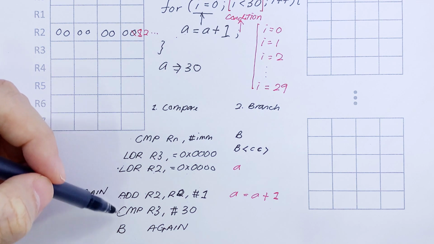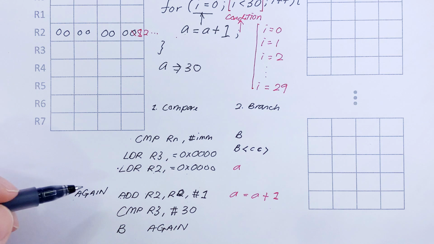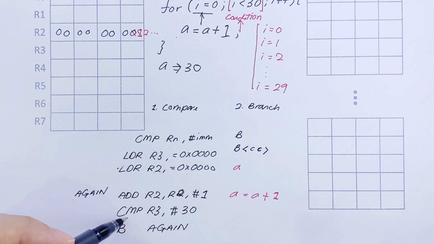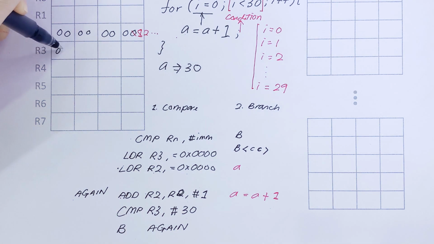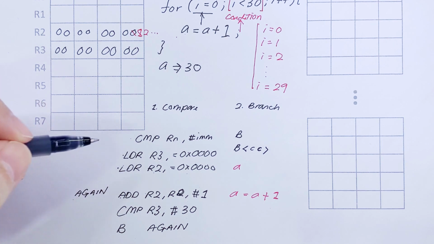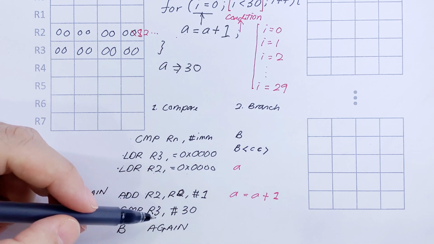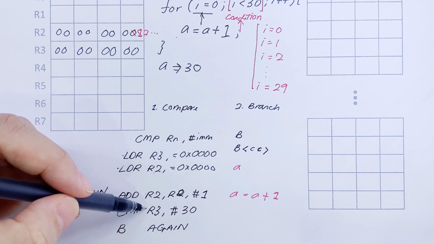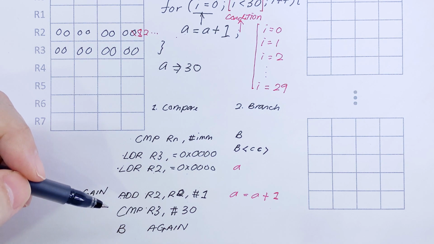However, even with this, your processor will not stop executing this loop. It's because although we are trying to tell the processor to compare register 3 with a number of 30, register 3 remains 0 as what we initiated the first time. So compare just looks at these two values, and there's no operation to modify the value in R3.